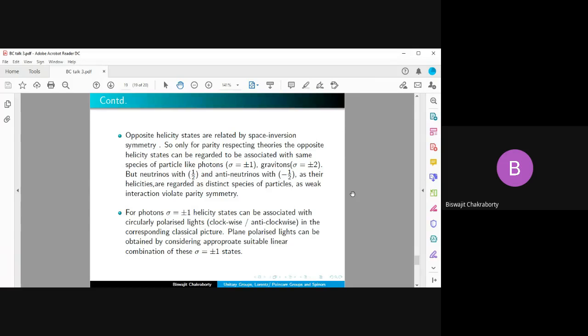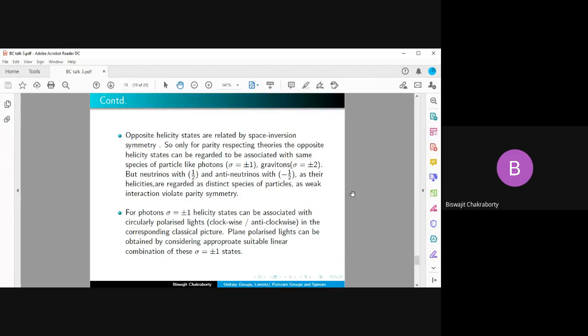Gravitons, which are of course not detected yet but are postulated to exist in a linearized and quantized linearized theory of gravity, have helicities expected to be plus or minus 2. Here I don't say left-handed photons or right-handed photons; I identify all the photons. But for neutrinos, I am discriminating.